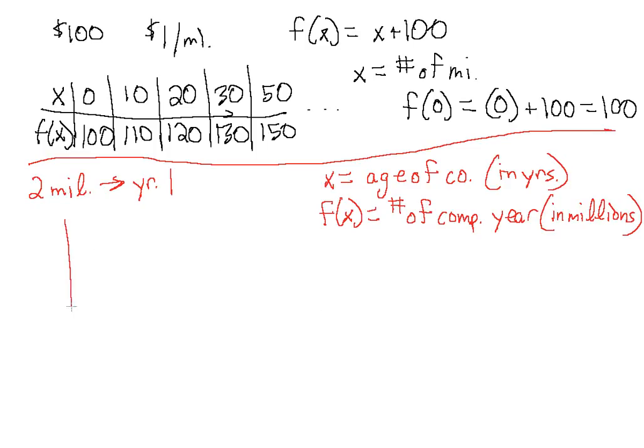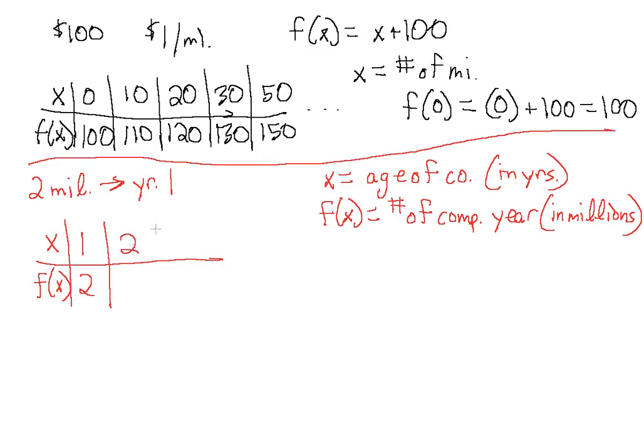Okay, so let's draw a table. We have x, which is the age of the company in years, and f of x is the number of computers sold in a specific year. Let's start with 1. We know in year 1 they sell 2 million computers. Let's say we want to find out the number of computers sold in year 2.